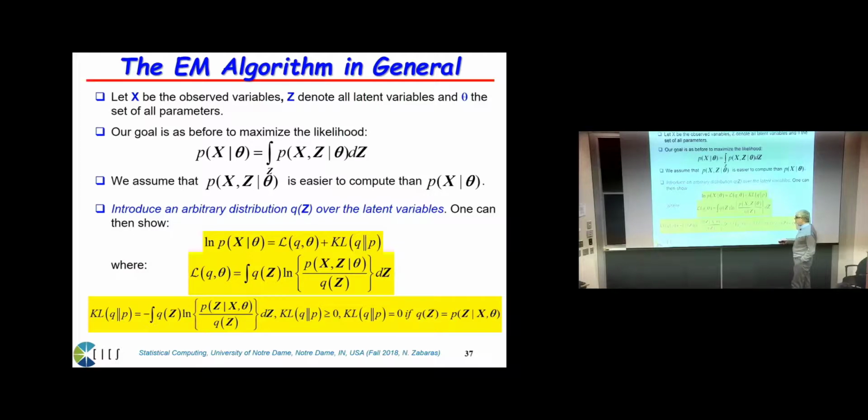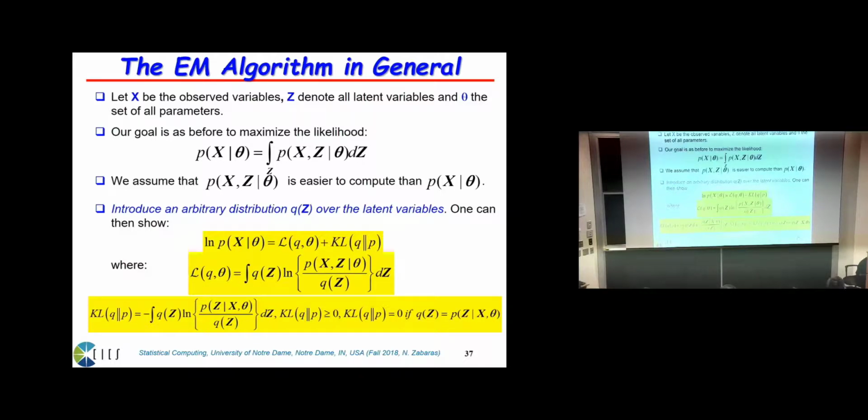It's not symmetric, and this KL distance is always greater or equal to 0, and it's 0 only when Q equals P. So even though I said Q is an arbitrary distribution, really Q tries to approximate the true posterior of Z. It's arbitrary, but we use it as an approximation of P, and we ask what is the optimal Q that comes as close as possible to P.